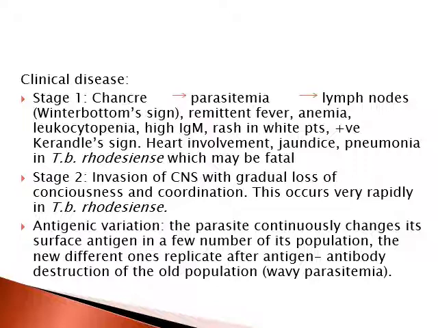The antibodies act against the trypanosomes and kill many trypanosomes except those that have changed their surface antigen. They are few at first, then they replicate and cause hyperparasitemia, then there is a build-up of antibodies against them. This is repeated every time, causing wavy parasitemia, but the parasite doesn't end inside the human body.